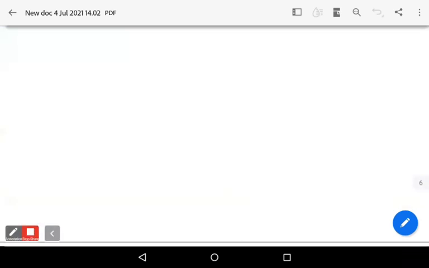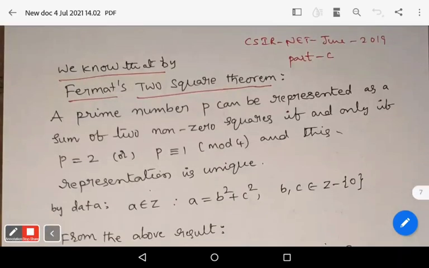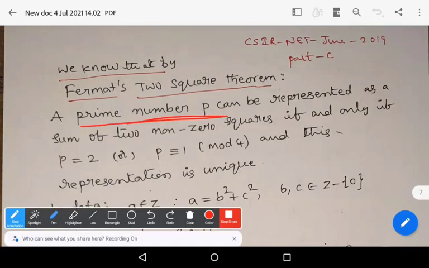So to solve this problem, we use Fermat's two squares theorem. What is the statement of Fermat's two squares theorem?